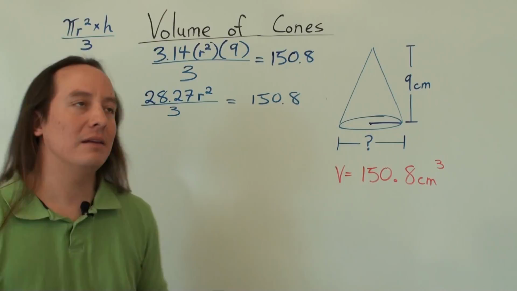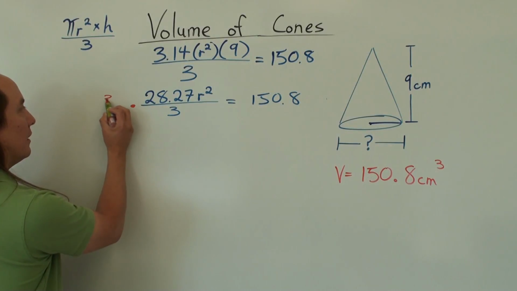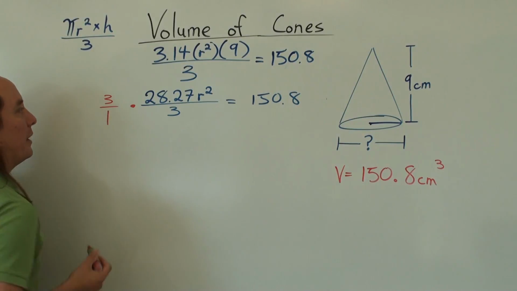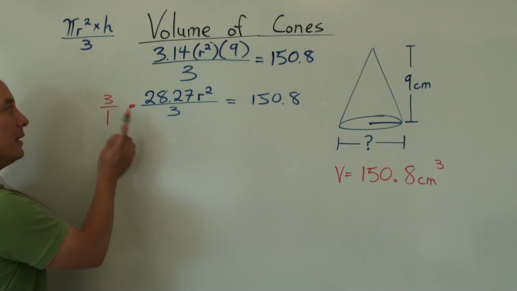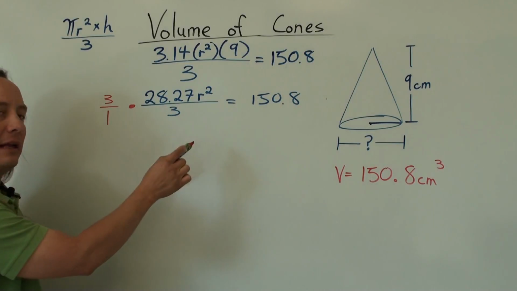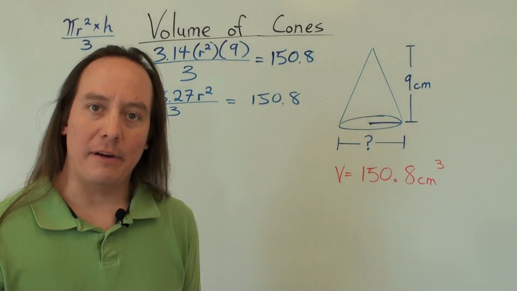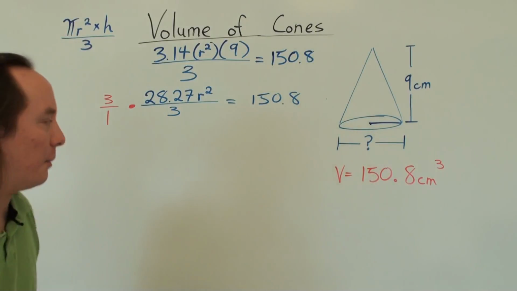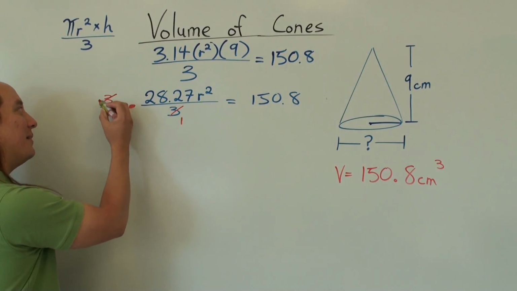So I can undo it, it's multiply by 3. And I've done this a few times already, so you guys probably know what I'm doing already, hopefully, right? The dot here means multiplication. The 3 and the 3 can cancel out, so it just means that they can be reduced by dividing a common factor, and that common factor is 3. So 3 divided by 3 is 1. 3 divided by 3 is 1.